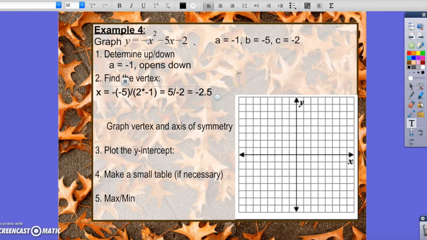All right. How do we find the y? We know we plug it back into the original. Be careful with this equation because that negative outside is actually not part of the x with the number. Like -2.5 goes in here. It's the negative outside. So just be careful of that when you're solving.